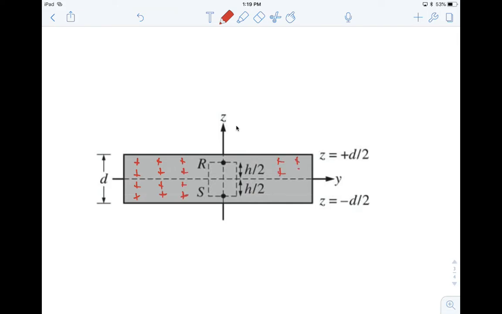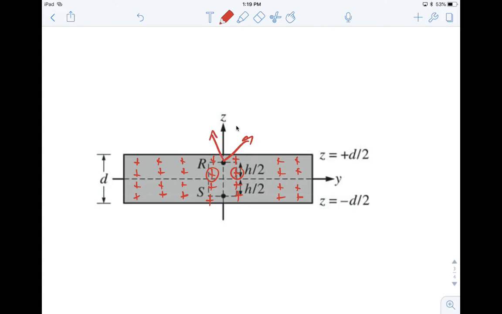And let's think about point R. If I wanted to know the electric field at that point, notice that there's a lot more positives below it than there are above it. Let's look at these two right here. One's going to push it this way, the other's going to push it this way.